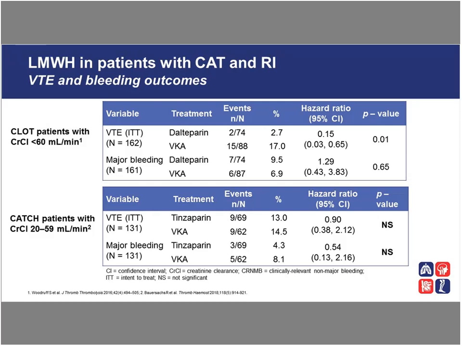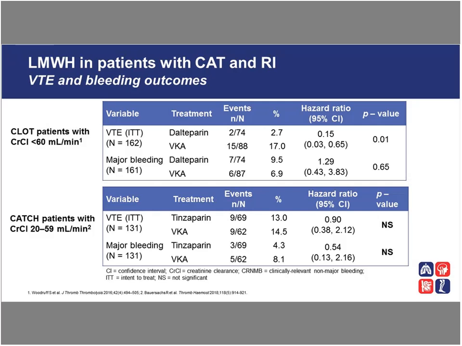But this is what I was alluding to earlier, that there is some data at least to suggest that perhaps the major bleeding is not that different between the two. And moreover, when they looked at venous thromboembolism recurrence, as in the original analyses, there was less recurrence with the dalteparin group versus the vitamin K antagonist group, 2.7 versus 17.0%.